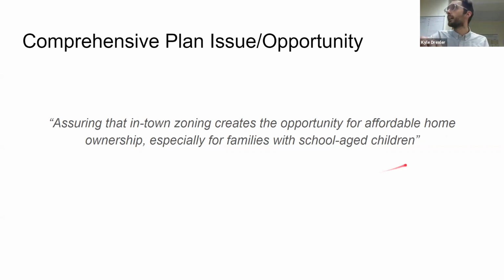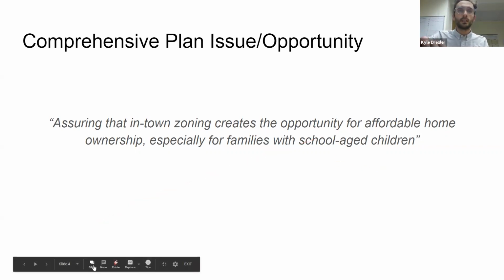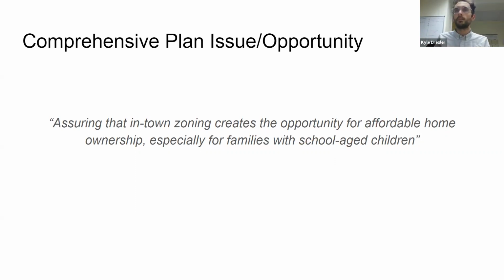The comprehensive plan acknowledged that there was some available housing at the time, but a lot of it was in subdivisions with larger lot sizes west of the interstate. This is further away from town, meaning people are more likely to be driving. Larger lot sizes create higher land values and can lead to larger homes, which obviously cost more.